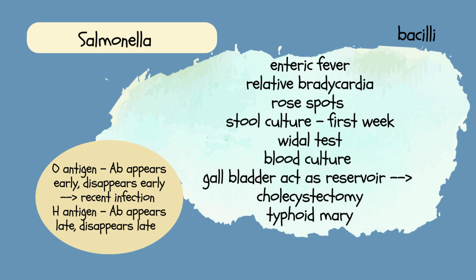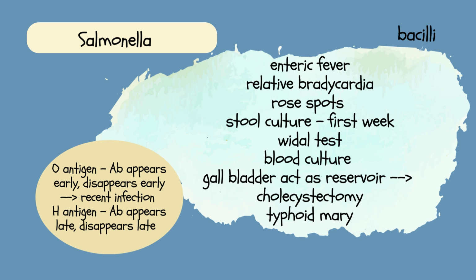Then we have rose spots, which are the rash found in typhoid fever. And stool culture is usually positive in the first week. Vidal test is also not widely used now. Now the diagnosis of choice is blood culture. Okay, and the gallbladder can act as a reservoir. In such patients, they may need cholecystectomy.